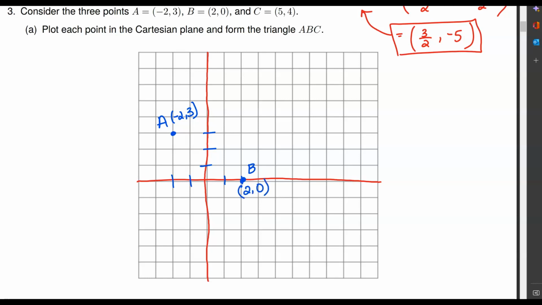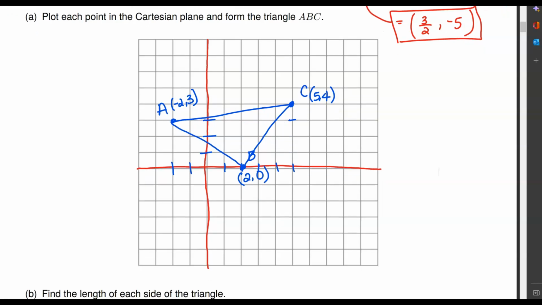And lastly, 5, 4. So if this is 2, 3, 4, 5, 4, 1, 2, 3, 4. And this is C, 5, 4. So we have created this triangle here. All right, so there's our triangle ABC.